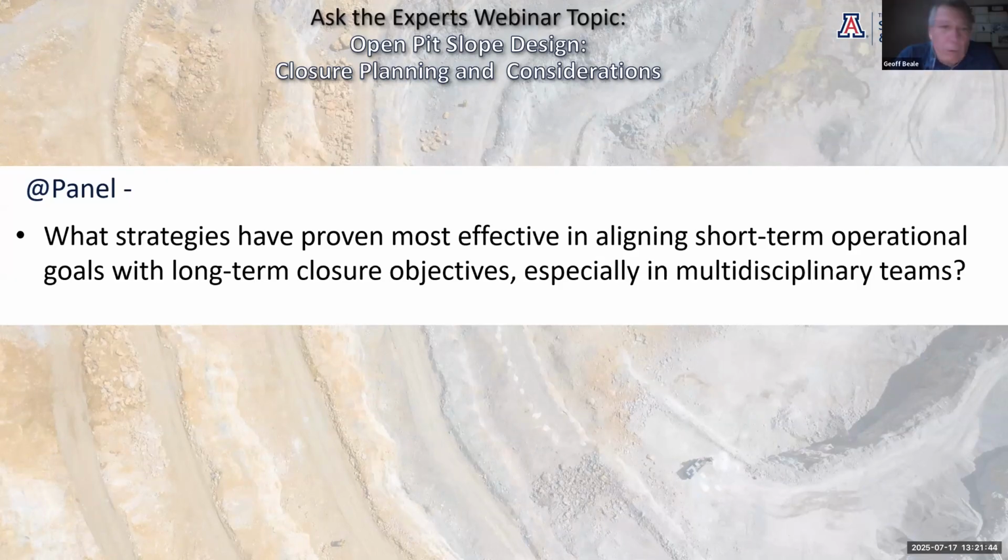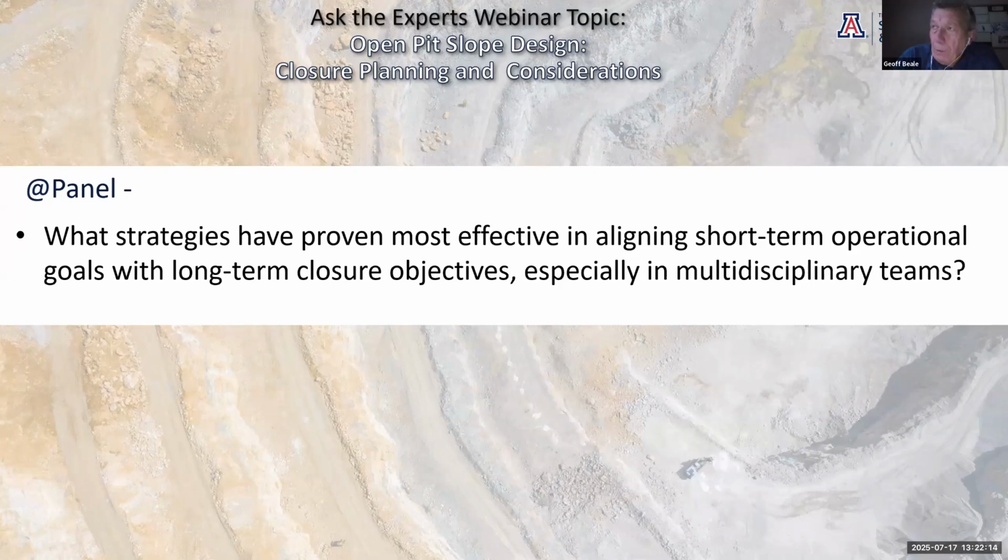That is also a really good question, because it is something that mines grapple with all the time: trying to balance short-term gain with long-term planning. If you don't start with the end in mind, and don't think about closure during operations, you may be left at the end of the mine life with a lot of work to do for closure.